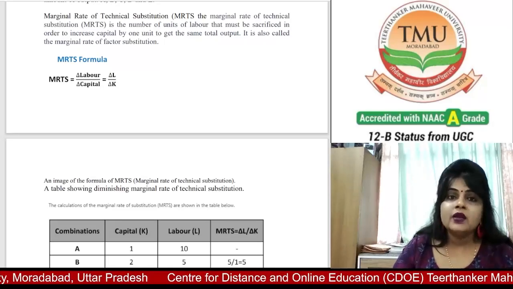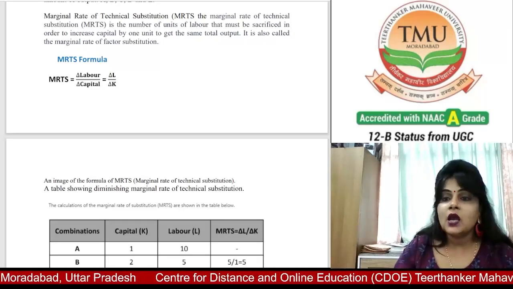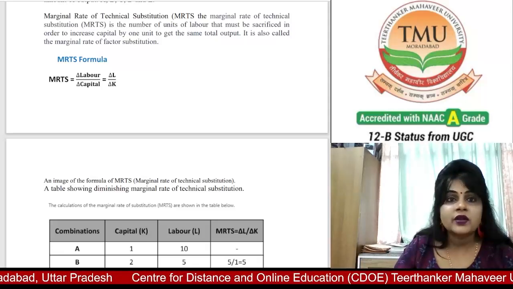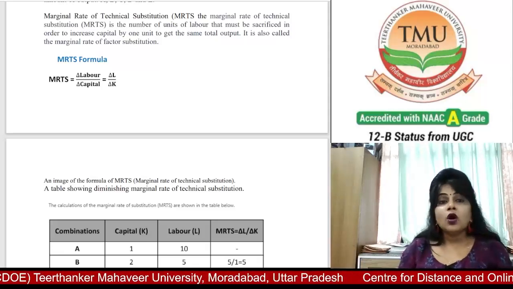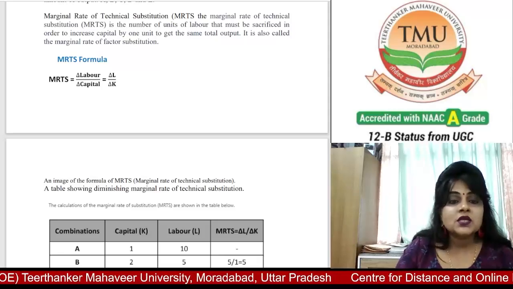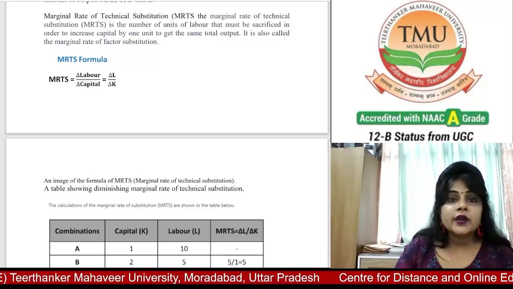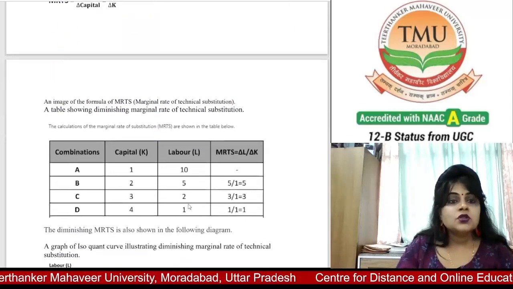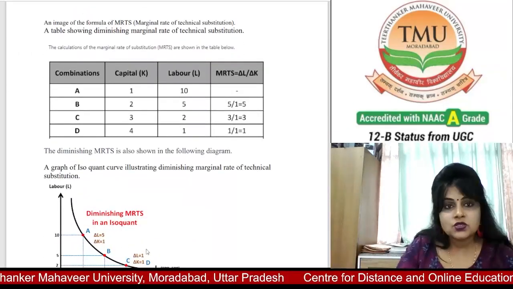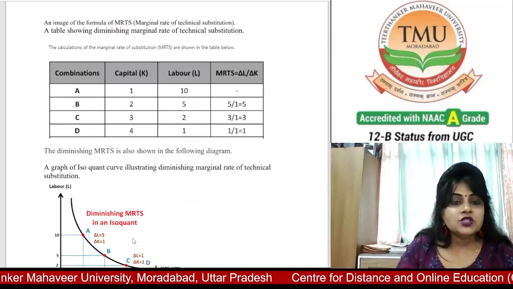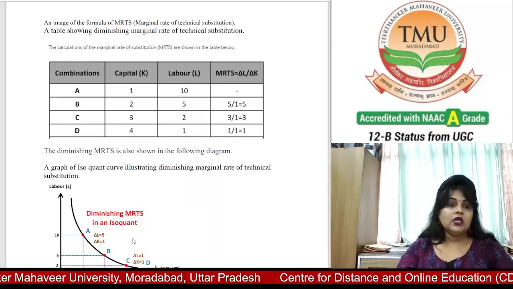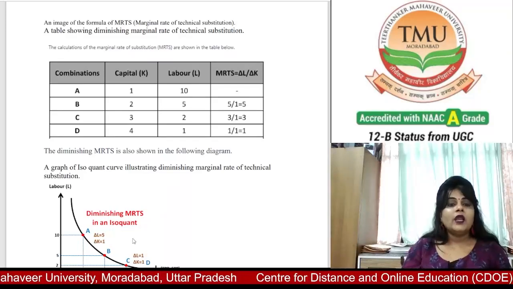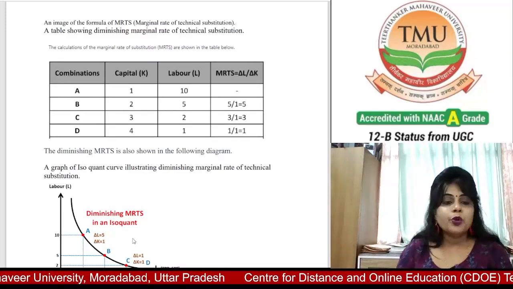So he also gets the same total output. So it is also called the marginal rate of factor substitution. The slope of the isoquant, or marginal rate of technical substitution on the graph, shows the rate at which a given input, either labor or capital, can be substituted for the other while keeping the same output level.